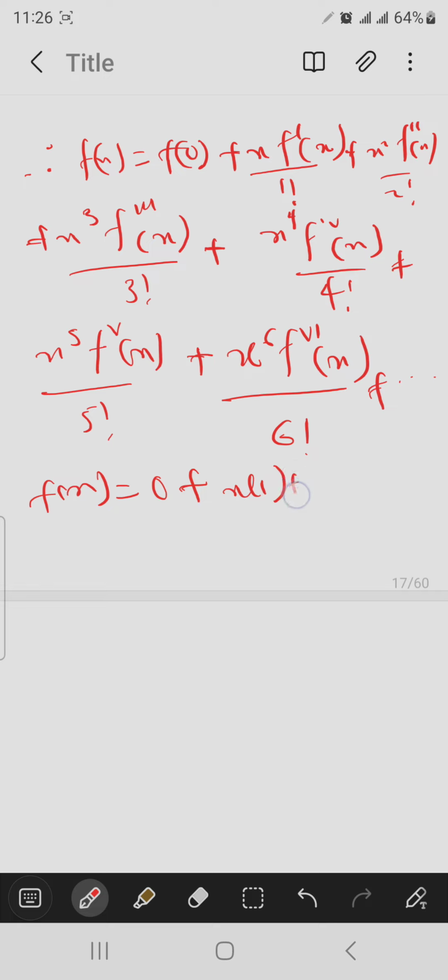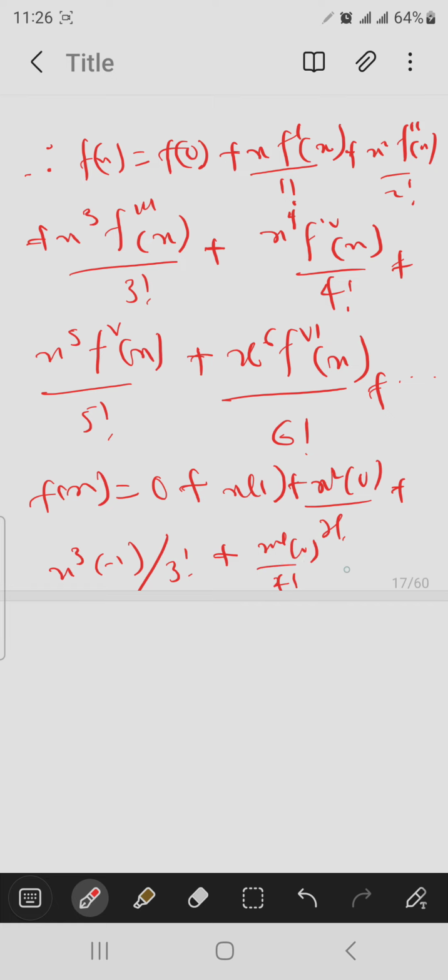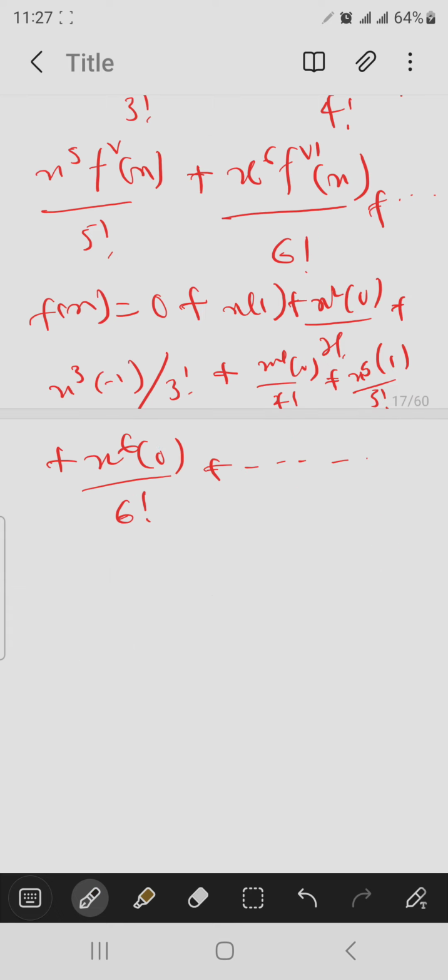You know the second one is 1 plus x squared into 0 over 2 factorial plus x cubed into minus 1 over 3 factorial plus x to the 4 into 0 over 4 factorial plus x to the 5 into 1 over 5 factorial plus x to the 6 into 0 over 6 factorial plus dot dot.